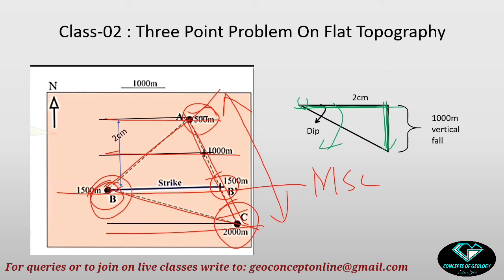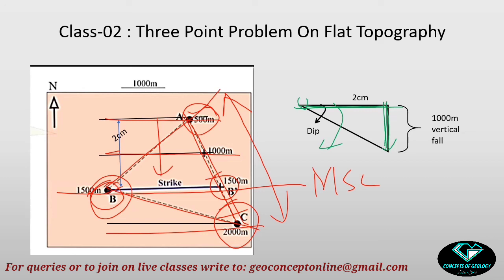I have to find out the dip direction. This will be perpendicular to the strike lines, and the direction will be from the higher contour to the lower contour. Take care of negative and positive values, otherwise you will get the dip direction inverted.